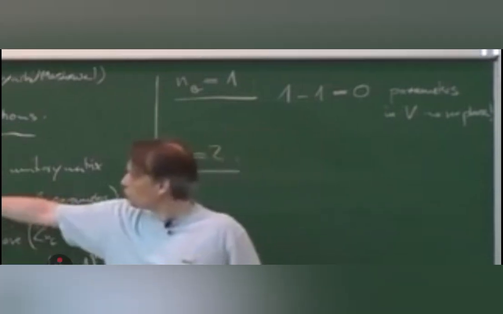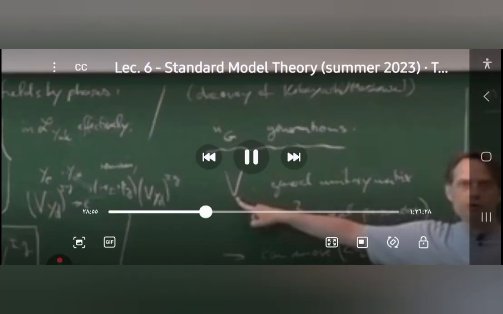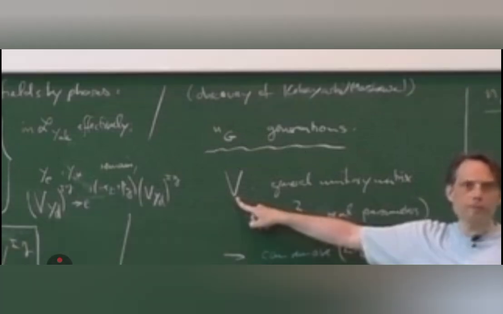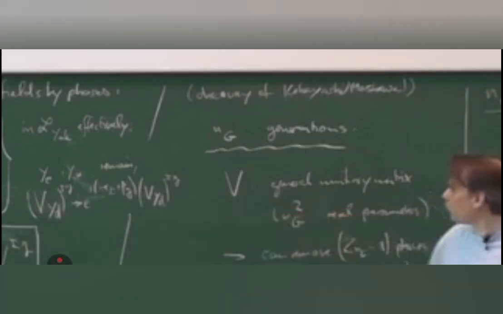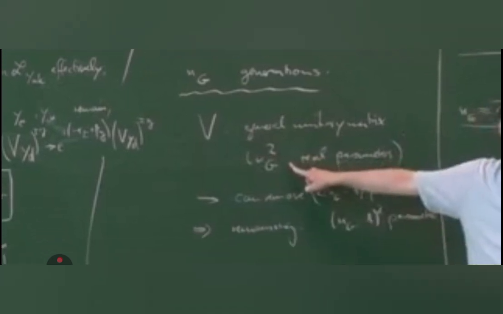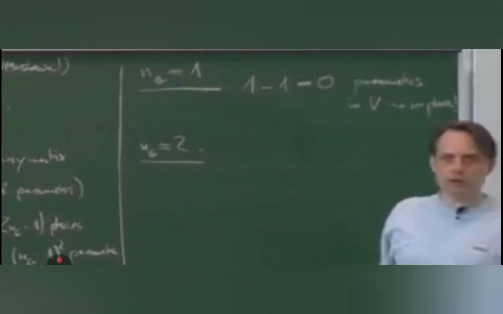What happens for 2 generations? For 2 generations, the CKM matrix would be a unitary 2 times 2 matrix, and a unitary 2 by 2 matrix has in general 4 real parameters, namely 1 mixing angle and 3 phases, so 4 parameters.